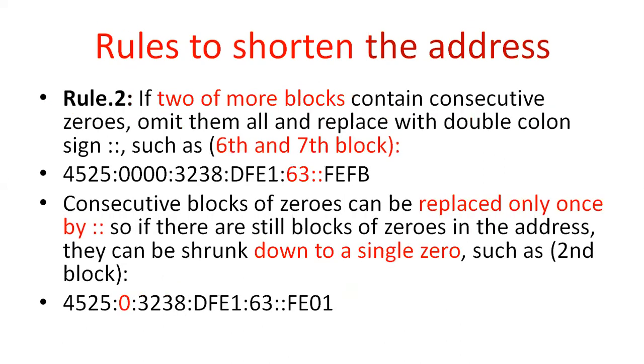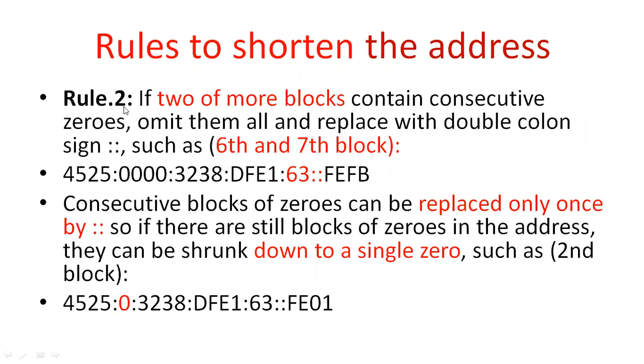And the second important rule is, if two or more blocks contain consecutive zeros, not a single block, omit them and replace them with a double colon.